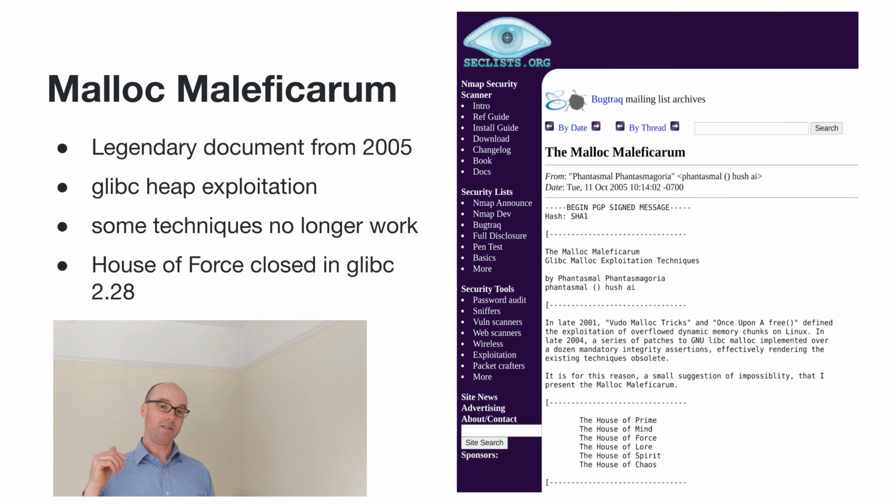However, at the time that I was writing this exploit, the most current long-term support version of Ubuntu was 18.04, and 18.04 ships with glibc 2.27, and you can use the house of force on glibc 2.27. So this is kind of like last chance saloon to write an exploit that uses the house of force.